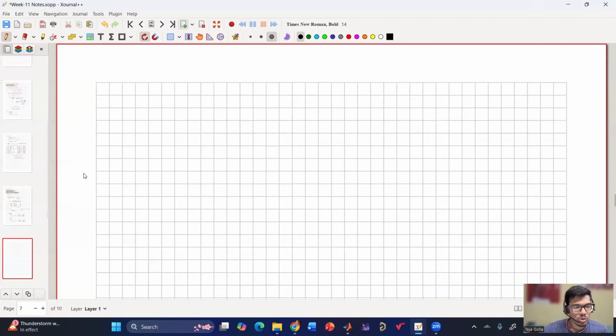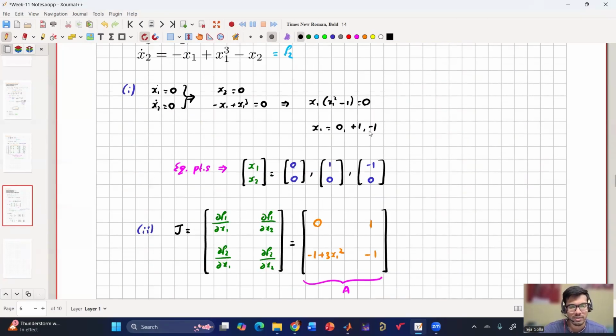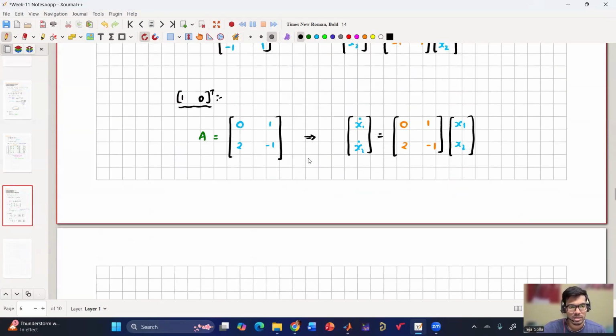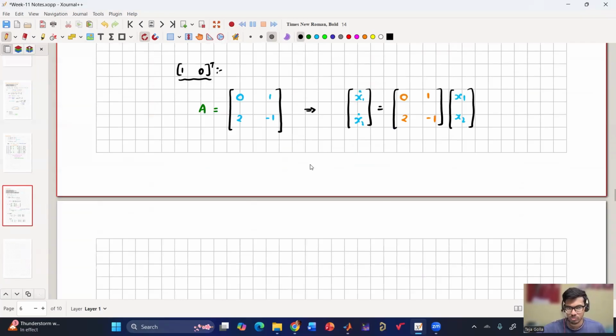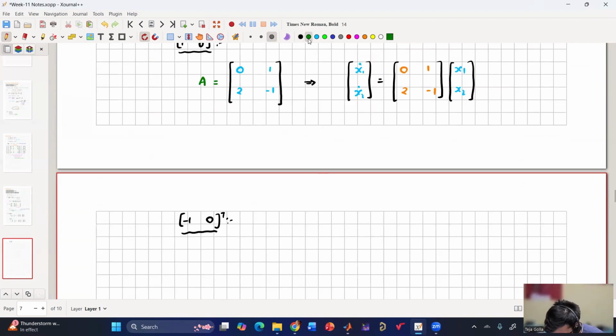Now, if I do the same for the third one, considering x1 to be minus 1, since it is x1 squared, it will be the same as the previous case. So my equilibrium point is minus 1, 0, and the A matrix is the same. For these two cases we get the same A matrix, which means the stability criteria will be the same.